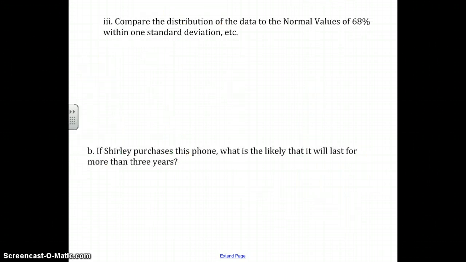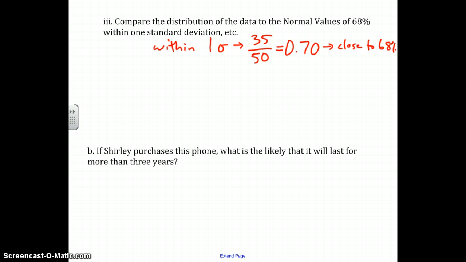So within 1 standard deviation, we have 35 out of 50 phones, and 35 out of 50 equals 70%, or 0.70. Is that close to 68%? Yeah, that's close to 68%, so that's looking good.